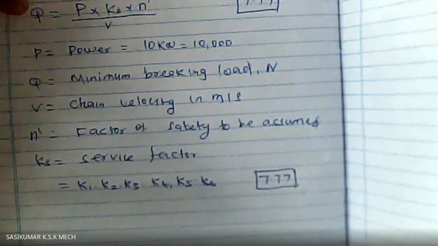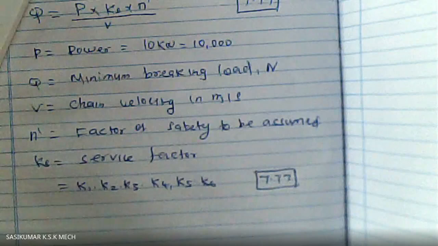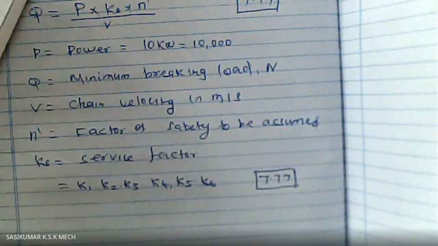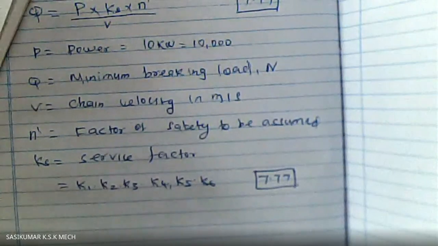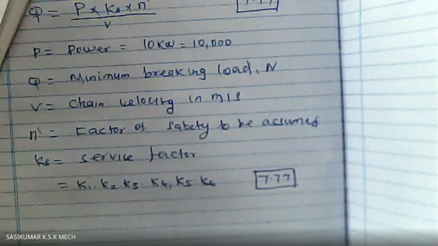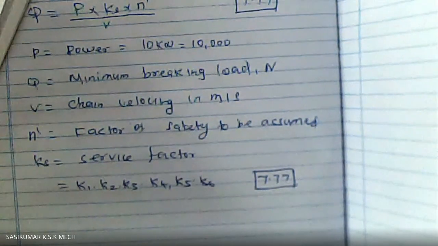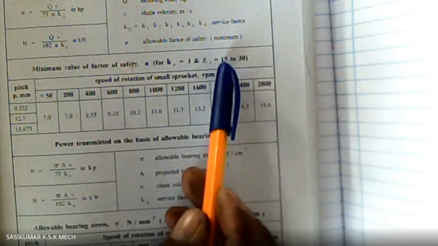We'll continue that problem. First we need to find out the factor of safety. For that you have to refer to page number 7.77. Here on page 7.77, you have the minimum value of factor of safety n for Ks equal to 1 and Z1 equal to 15 to 30.